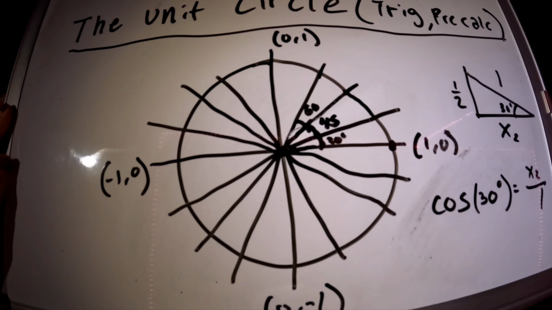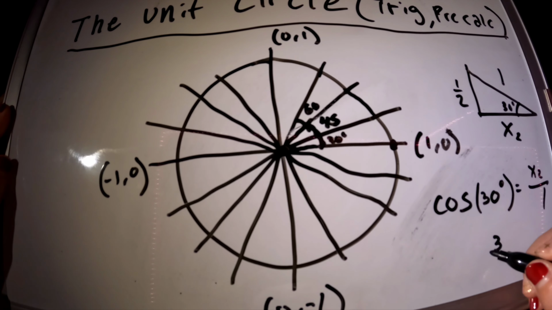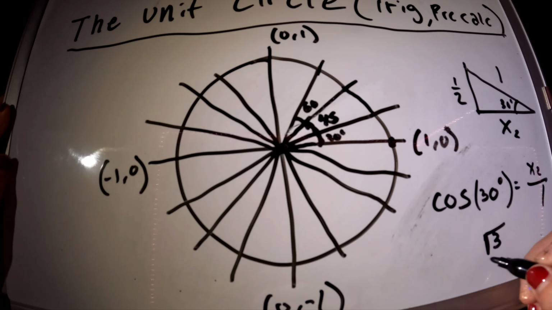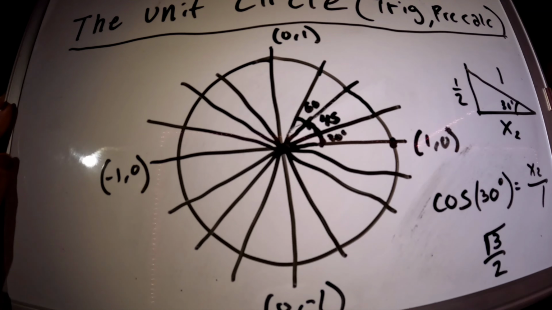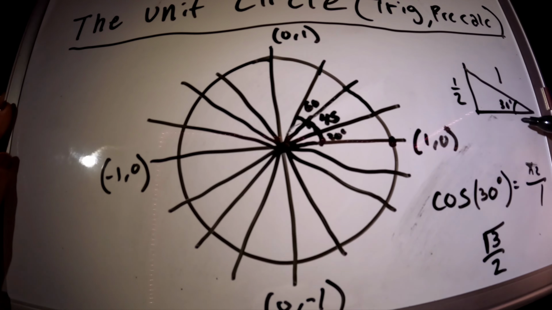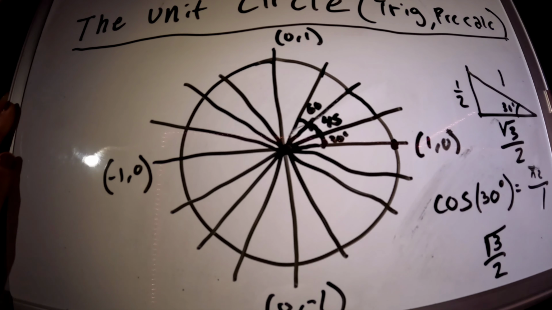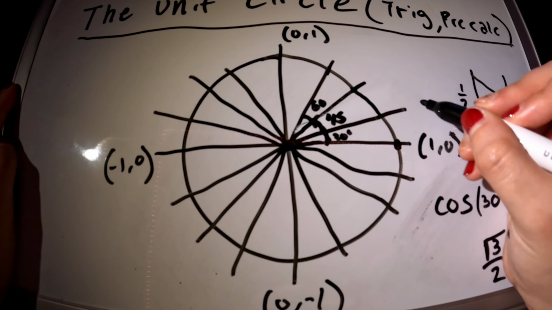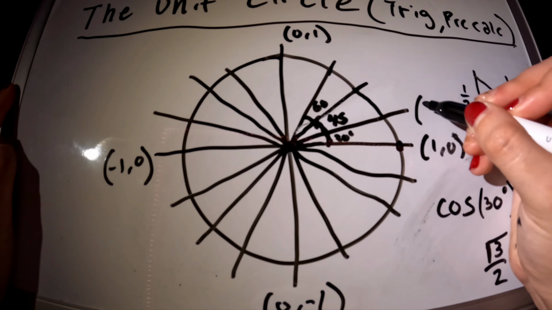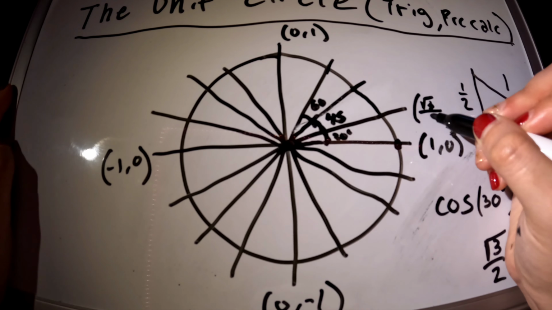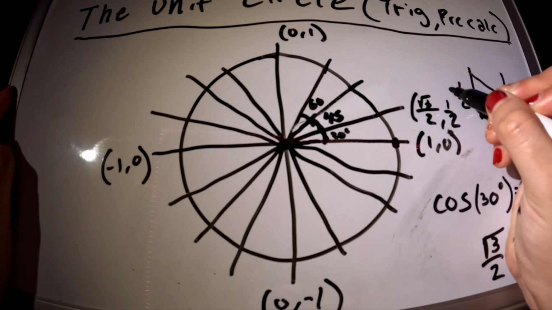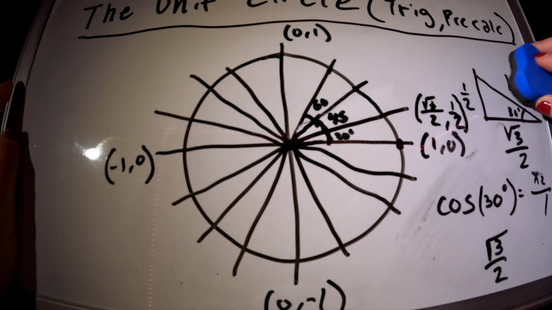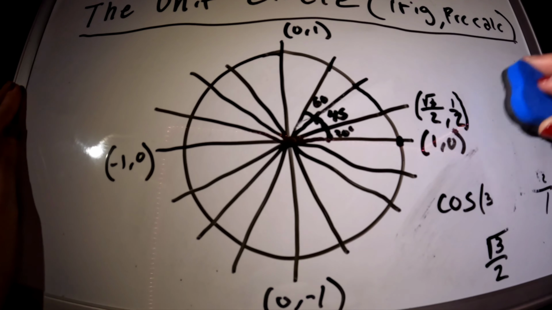Then cosine of 30 is rad 3 over 2. And so then this x value would be rad 3 over 2. Alright, we figured that out. So this point right here has x equal to rad 3 over 2, comma 1/2. Alright. And that's how that works, right?